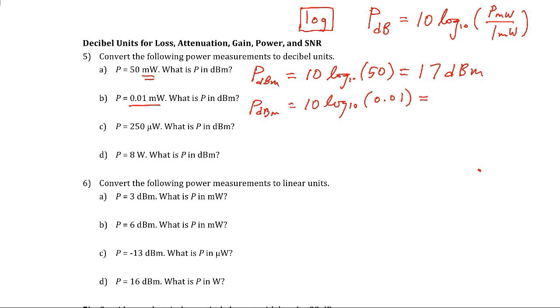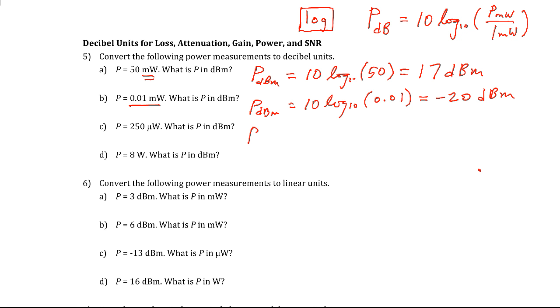So negative 2 times 10 is negative 20. Let's see. I may have misspoke earlier when I said 50 milliwatts is half of 100 milliwatts, which is 20 dBm. Yeah, I said it correctly.